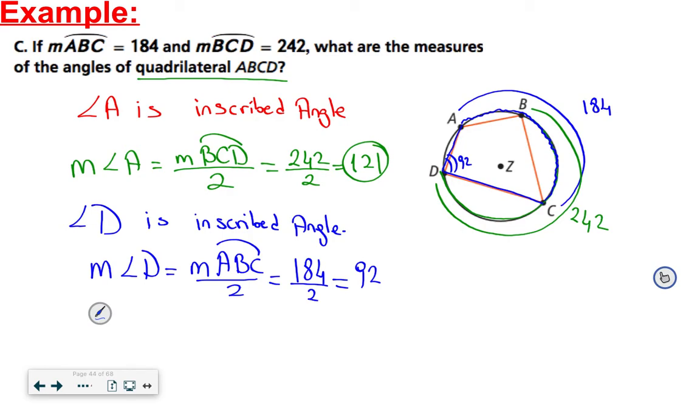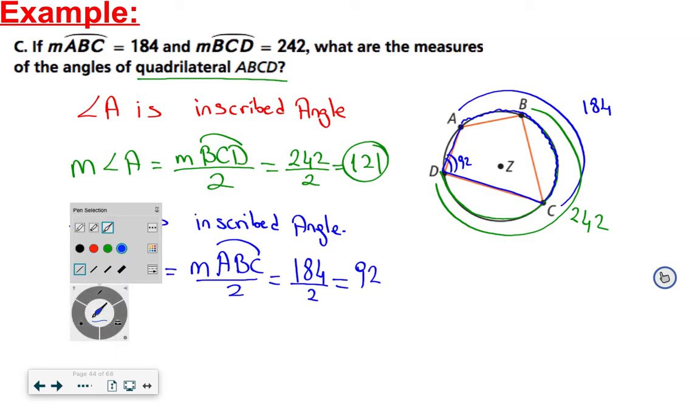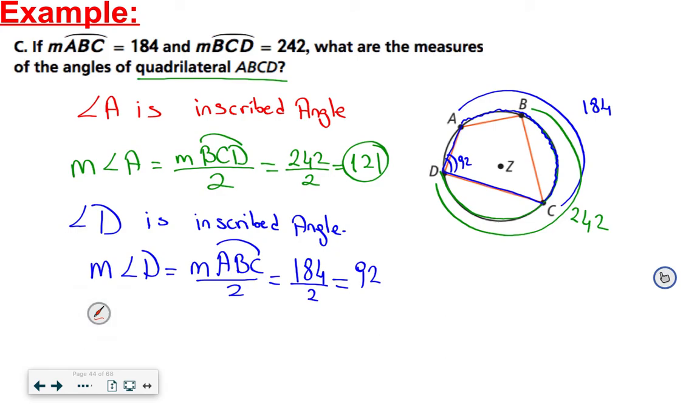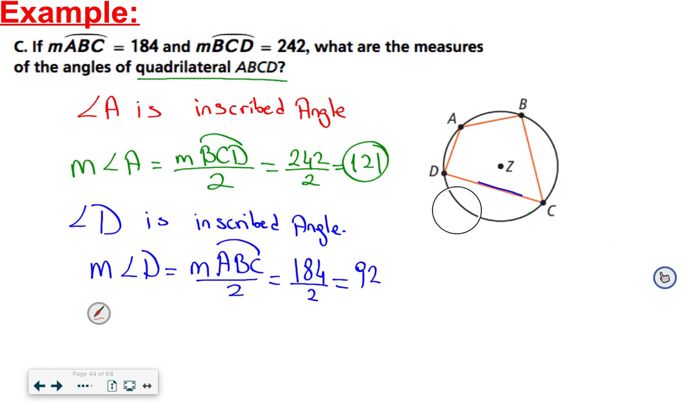After that, ladies and gentlemen, can you please focus on angle C? Angle C. How? Angle C is also an inscribed angle. And this inscribed angle is seeing the arc BD.